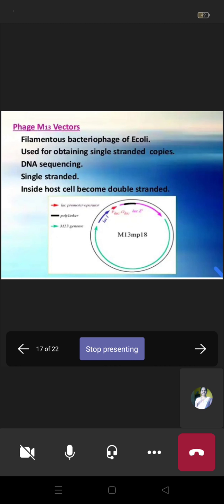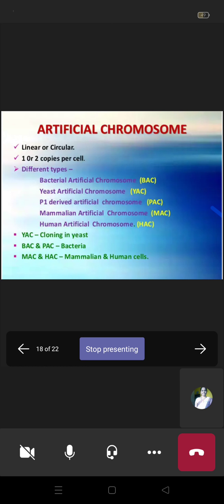Okay, so this is all about the M13 phage vector. And next, the artificial chromosomes. These artificial chromosomes are linear or circular, and there are 1 to 2 copies per cell.